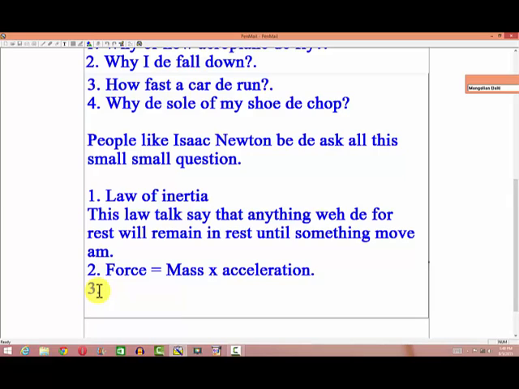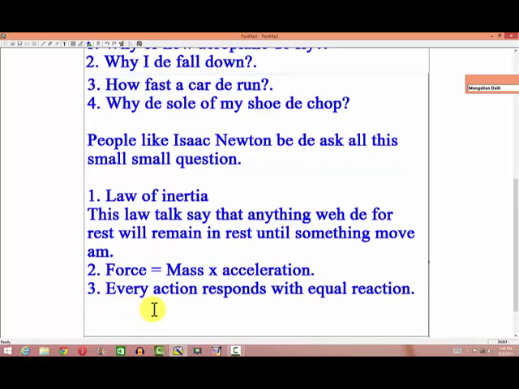As Newton also said, every action has an equal and opposite reaction.